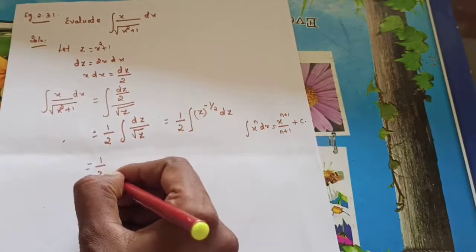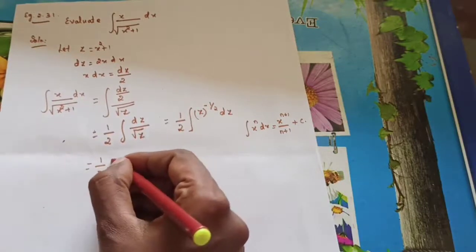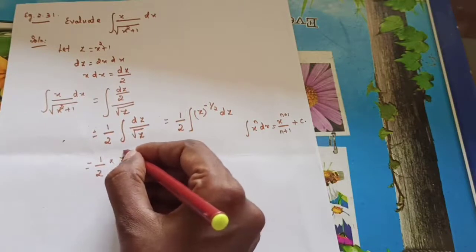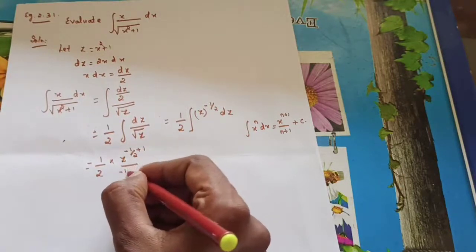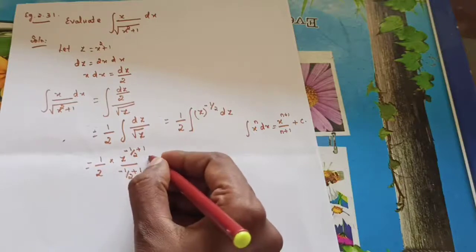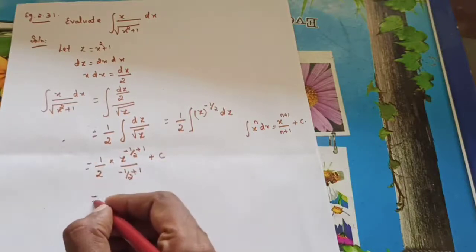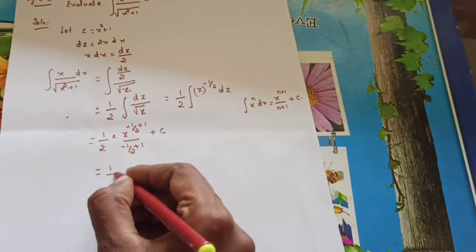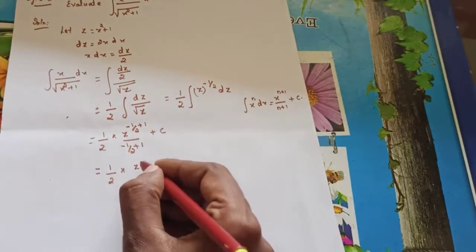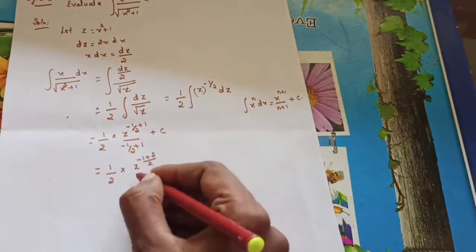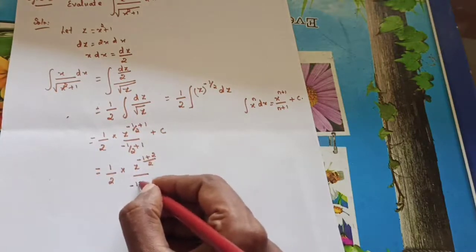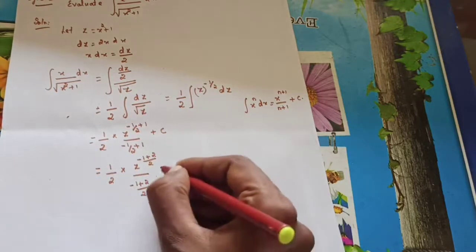So what is the value? You get 1 by 2 into z power minus 1 by 2 plus 1 divided by minus 1 by 2 plus 1, plus c. That is equal to 1 by 2 into z power of minus 1 plus 2 divided by 2, and in the denominator the same, minus 1 plus 2 divided by 2, plus c.